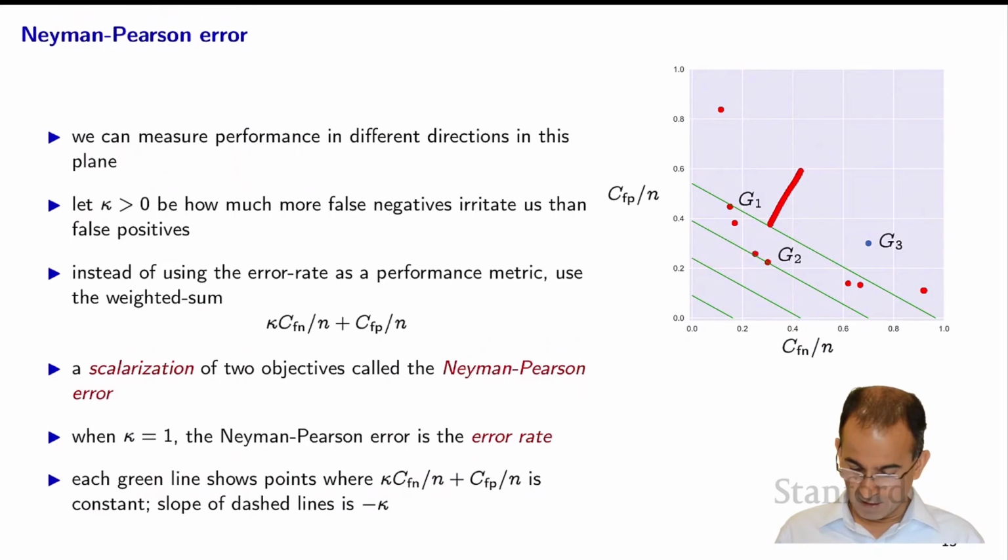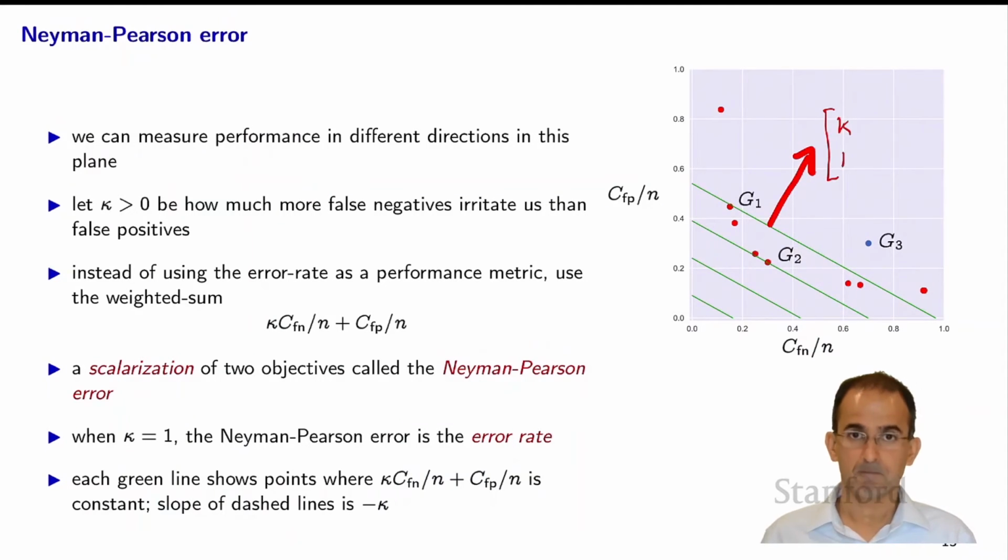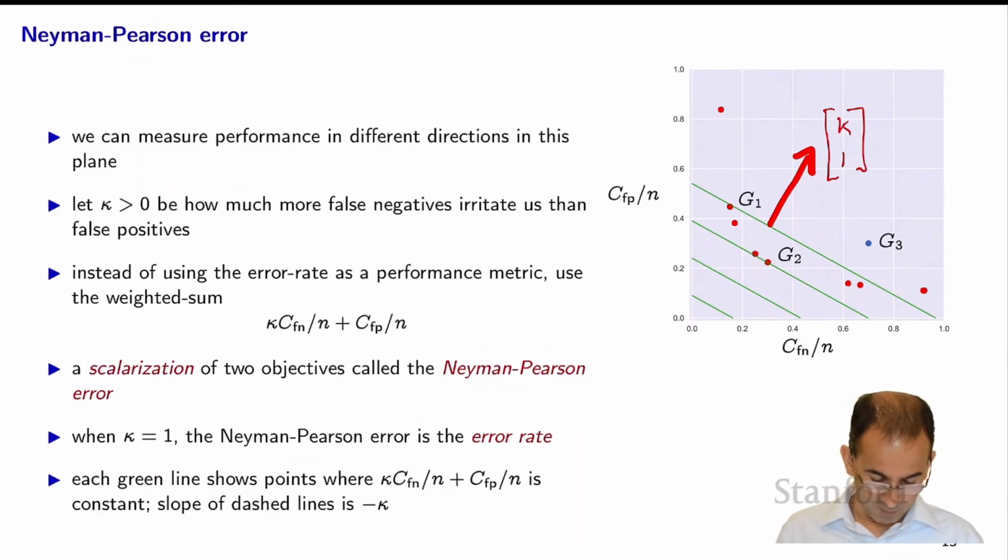There's a vector, and that vector is in the direction kappa, 1. And so I can think about my Neyman Pearson metric as kappa, 1 transpose times C_FN over N, C_FP over N.